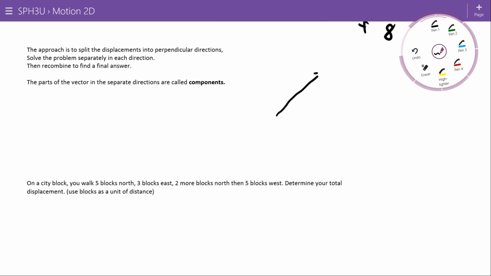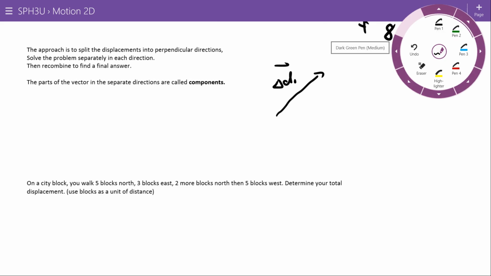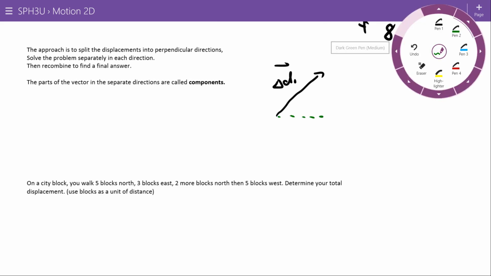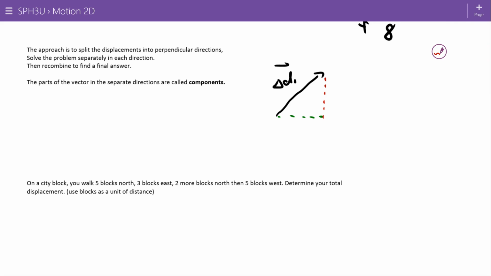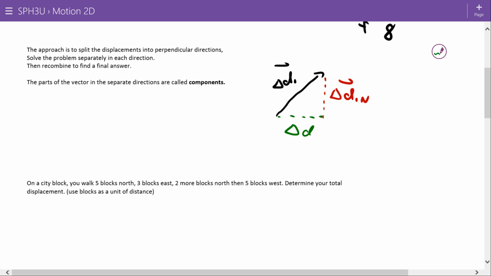So just to repeat the diagram from the first place, we called this delta d1, but what if instead we represented delta d1 by an east part, if you will? I haven't really set a direction, but let's just call that east, and a north part. So we would call this delta d1 north, and this one delta d1 east.